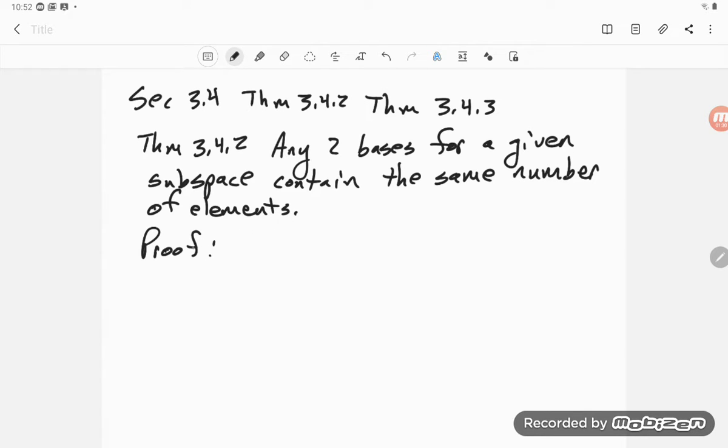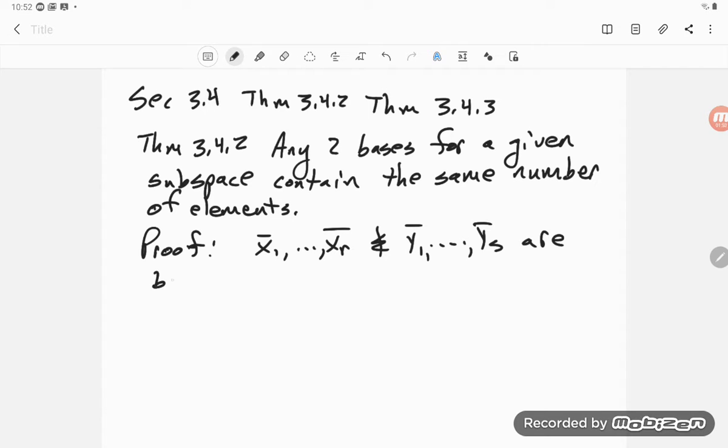They say, okay, well, suppose we have two different bases. So we've got x1 up to some xr is a basis, and y1 up to some ys is a basis.